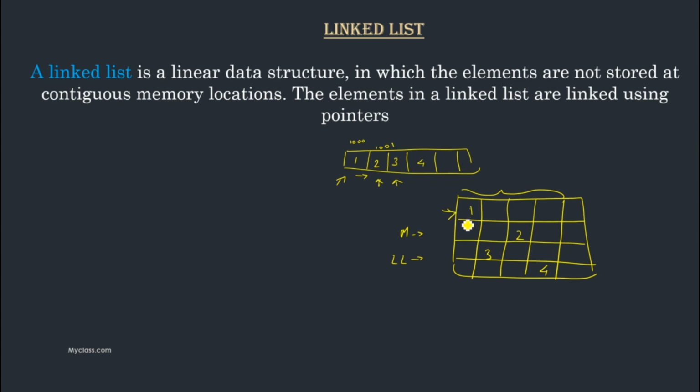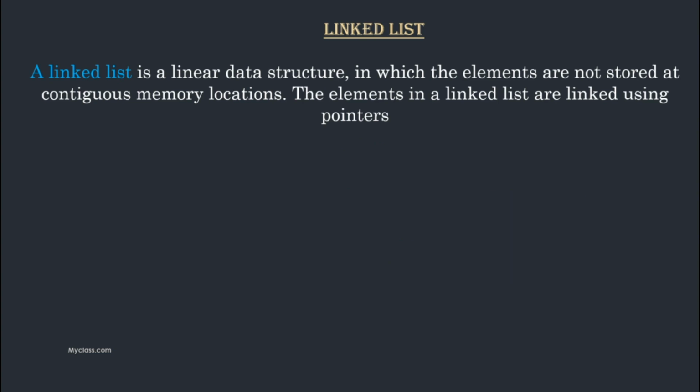So because of that, each element also contains the details of the very next element, that means the address of the next element. So element 1 knows where our second element is, the address of the second element. For that we are using pointers, linking the nodes with pointer values. So this is the difference between an array and a linked list.